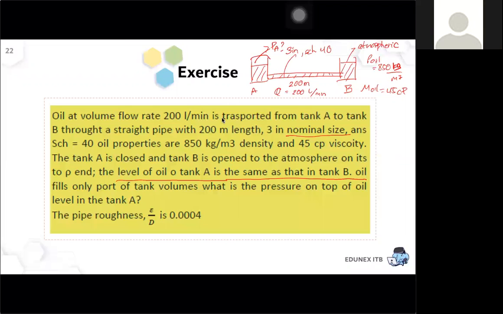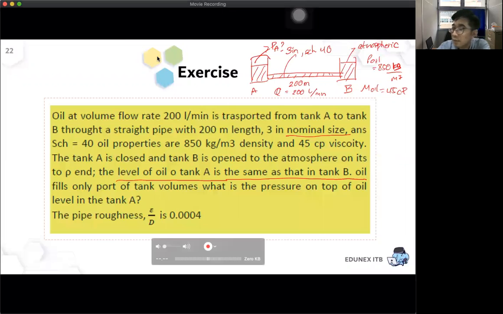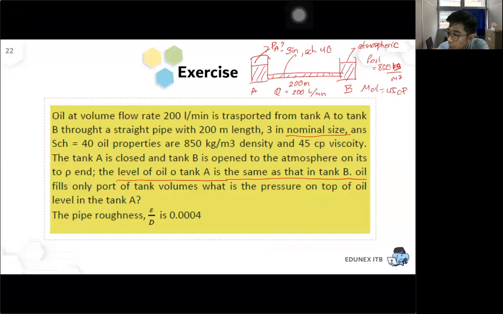Yes, sir. Okay. So in order to calculate the pressure at the top of the oil in tank A, so at this one, what kind of equation do you need?